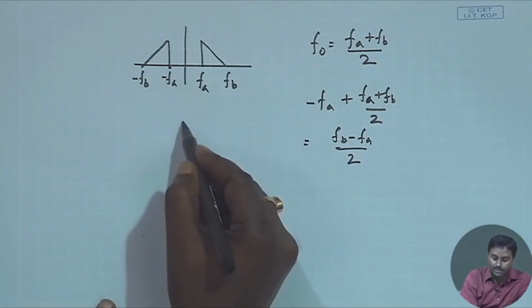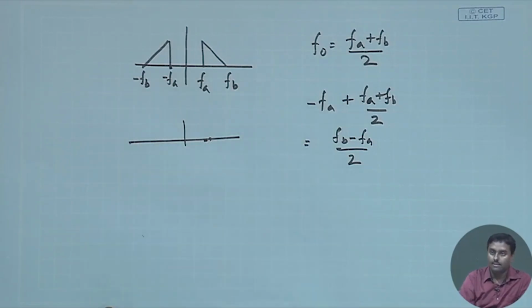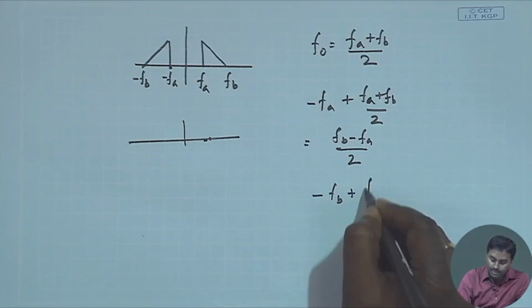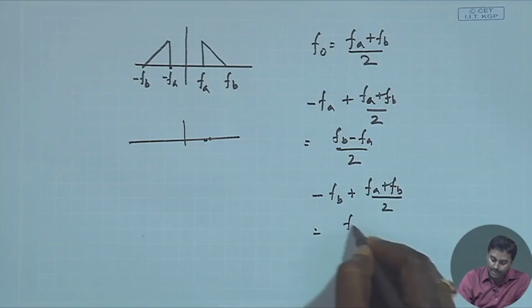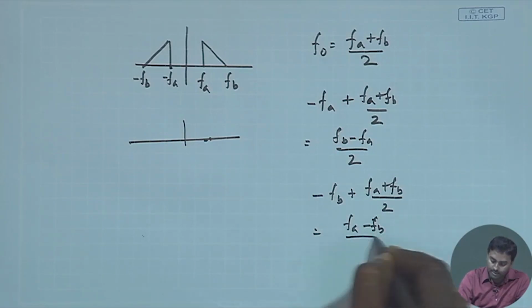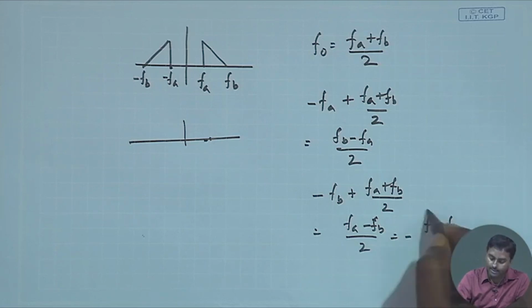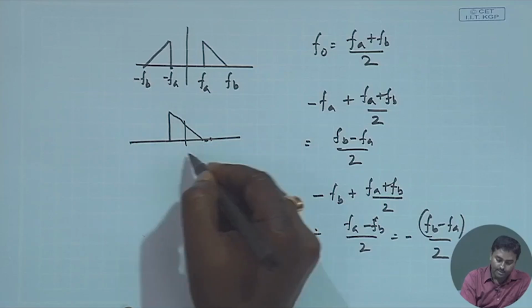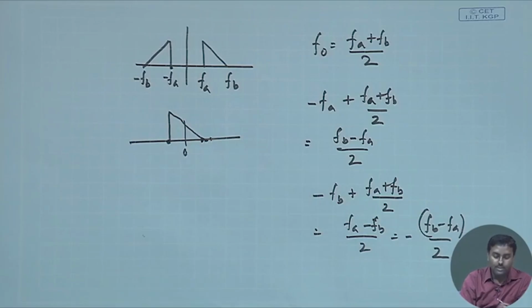So, this frequency goes over here, and minus fb goes to minus fb plus fa plus fb by 2. So, that is actually fa minus fb divided by 2, or nothing but minus of fb minus fa divided by 2, because fb is always greater than fa, right. So, it just gets centered at 0, and this will be your nu 2 frequency.